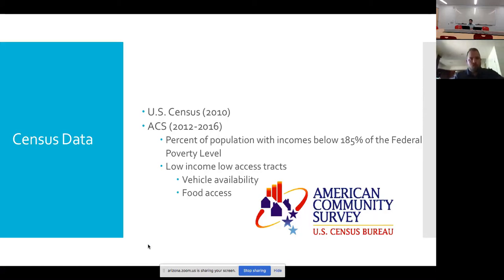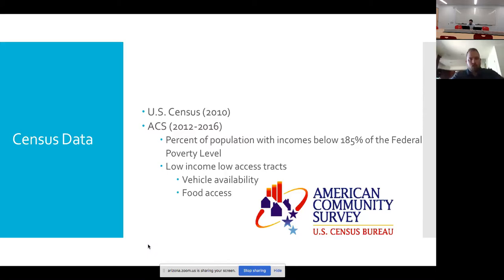And then I expanded on it by looking at the low income, low access tracts, which go into vehicle availability. So the question is, do you have access to a car? And food access. So that means for urban census tracts, which applies to this project, it asks if you live more than 1 mile from the nearest grocery store. So that is considered low food access.